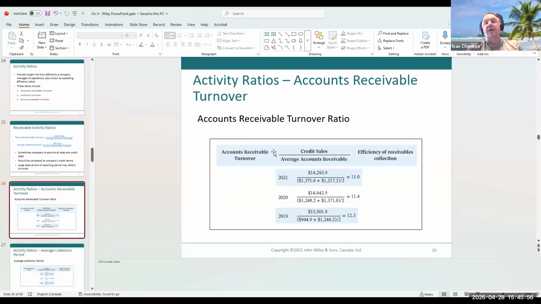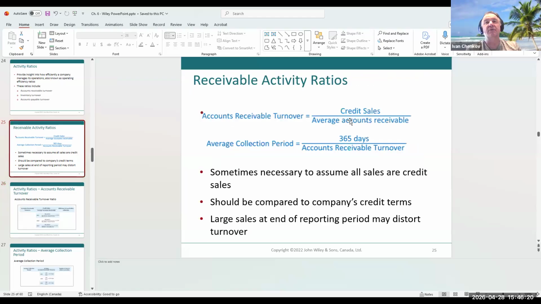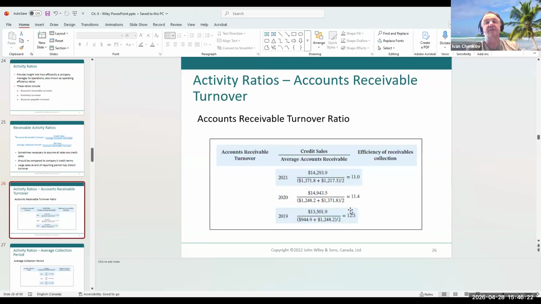So let's see how this company performs. In the first year, the accounts receivable turnover was 12.3. Second year, 11.4. Third year, 11. So as you can see, the turnover number starts getting lower. Having in mind that we're looking for the highest number possible, that's not a good indicator.